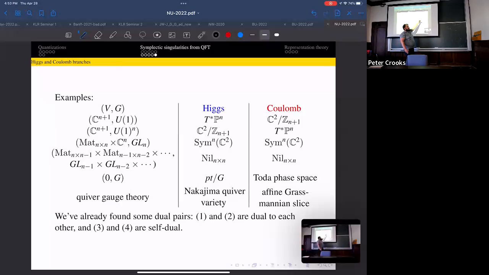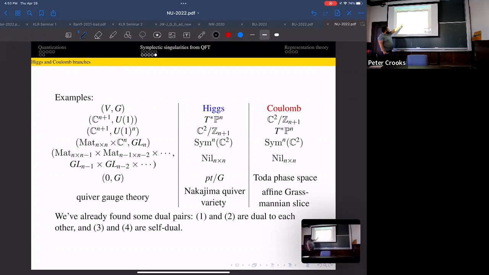And on the Coulomb side, I get this quotient of C2, or its unique crepant resolution if I do the resolved version. If I put in instead C to the n plus 1 and look at all diagonal matrices with determinant 1, that's what I mean by U1 to the n, then these guys swap places. The Higgs branch will be C2 mod the cyclic group, and the Coulomb branch will be T star Pn, again, after you do a suitable resolution.